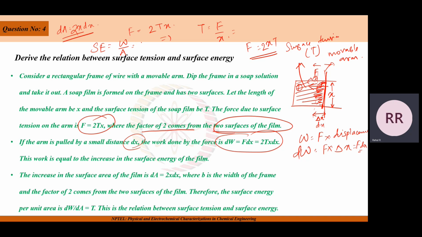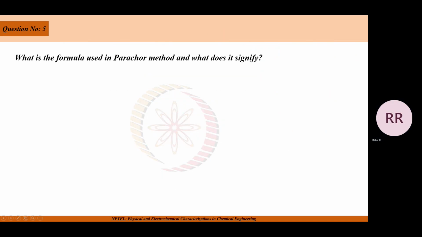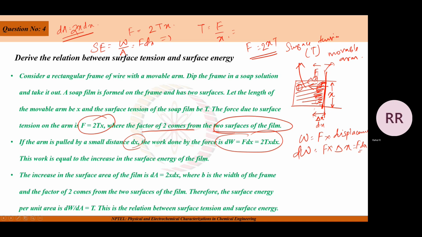The work done we have calculated to be F into dx, and dA will be 2 into x dx.